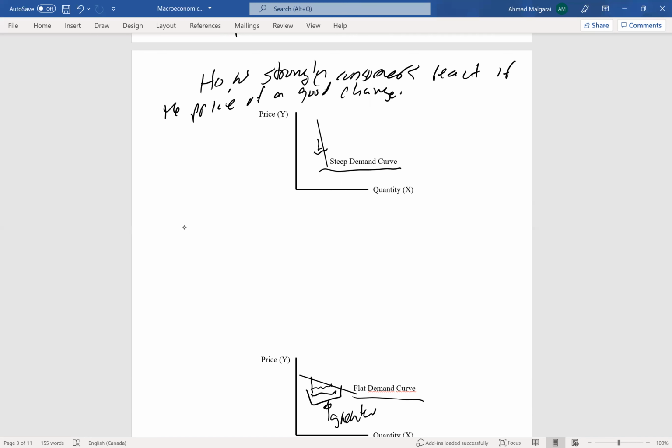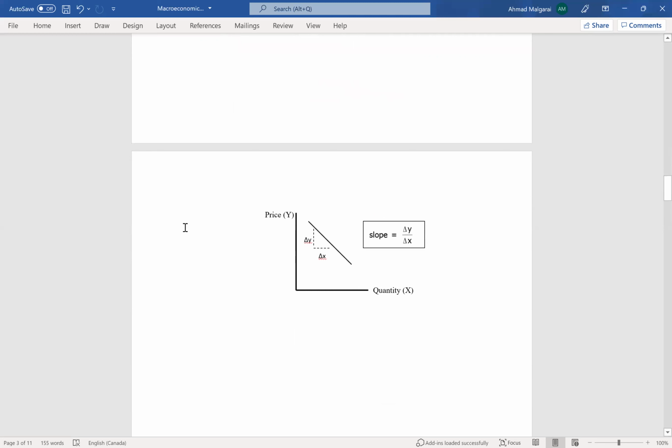In general, we can say that the slope of a line is the ratio of the vertical distance covered to the horizontal distance covered as we move along the line.